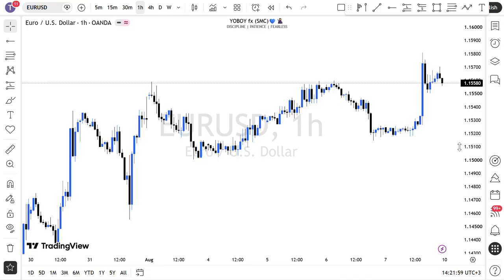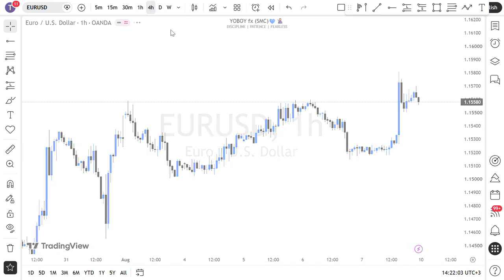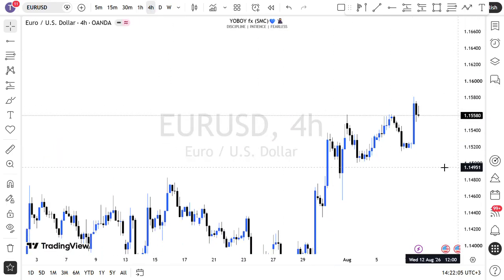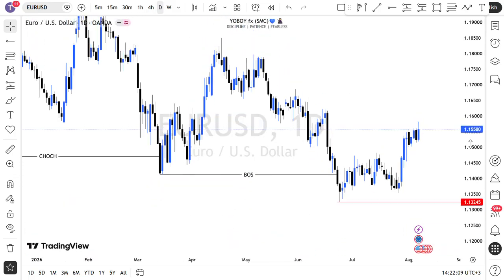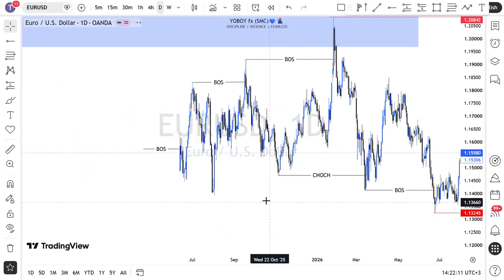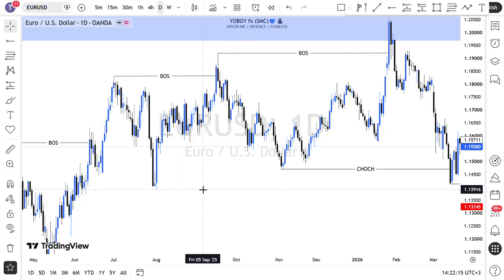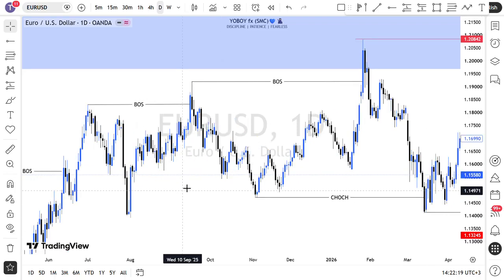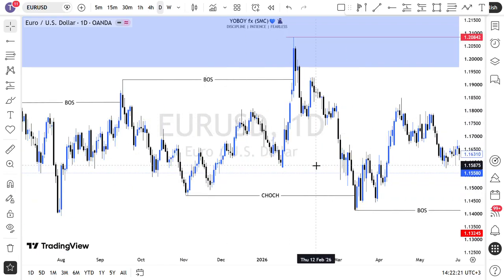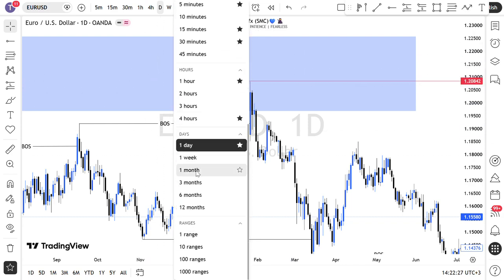On Euro USD, we have been expecting price to form a bearish move to the downside, because if you come into the daily time frame, we have some good downtrend structures. Price was making a break of structure. As you have been watching my videos, we have some beautiful breaks of structure to the upside, and then later on price tapped into this monthly order block, which I've been showing you guys.